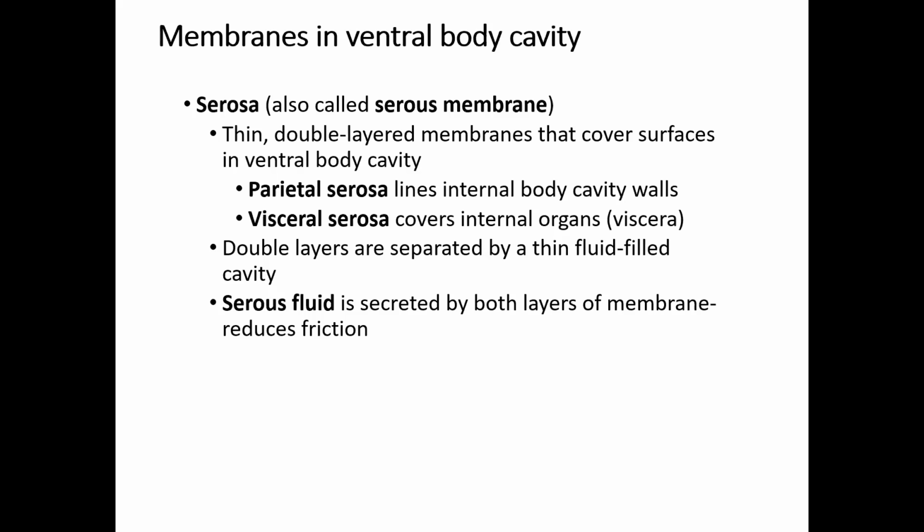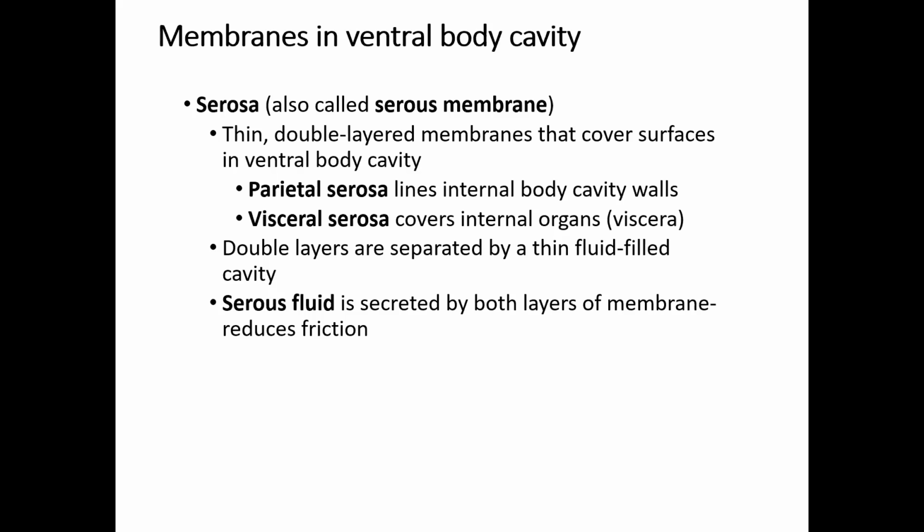They're there for friction fighting. The serous membranes are a double layer membrane that covers all surfaces in the ventral body cavity. So it lines the inside wall of the cavity.